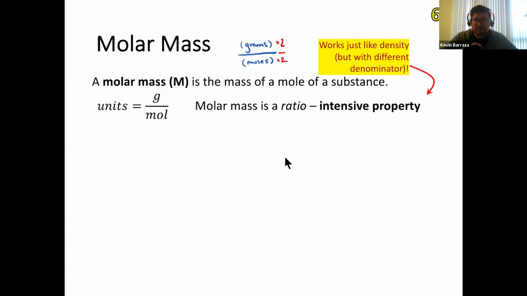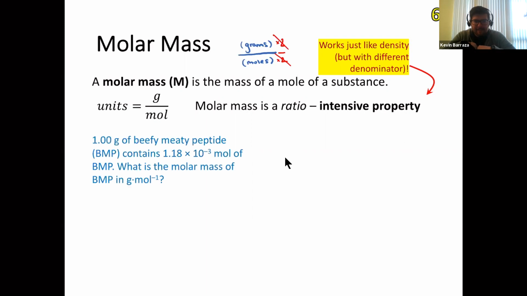Notice that if we're dividing the two, they'll cancel. So as long as we take the correct amount of grams with the correct amount of moles, the ratio of the two will always come out to be the same. So a molar mass is always a constant number for every substance, and that's because it is a ratio. We can exploit this definition of molar mass to solve some problems and find this value.